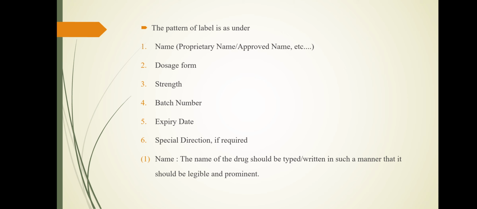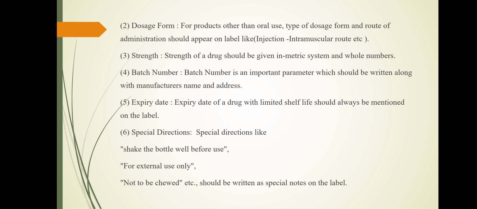Mainly, the name should be typed or written in such a manner that it is legible and prominent. As for the dosage form, other than oral use, whatever the dosage form administered, it should appear on the label. Then strength is also very important, and it should be given in the metric system and whole numbers. The batch number will include the information on the manufacturer's name and address.